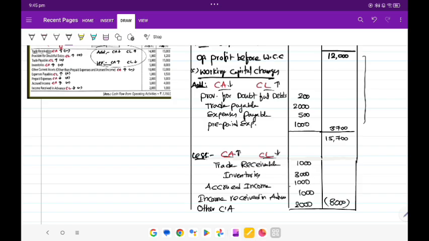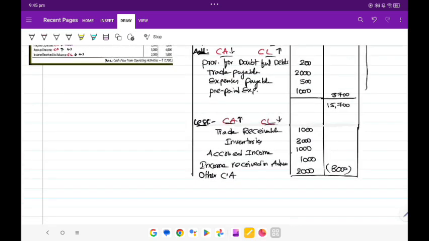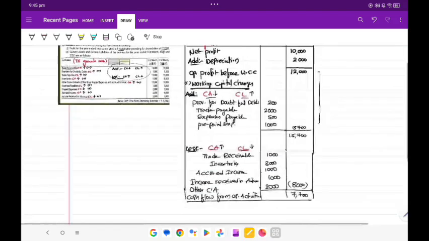Subtract it, put in brackets. The final answer we got is 7,700, cash flow from operating activities, because we got a positive answer.